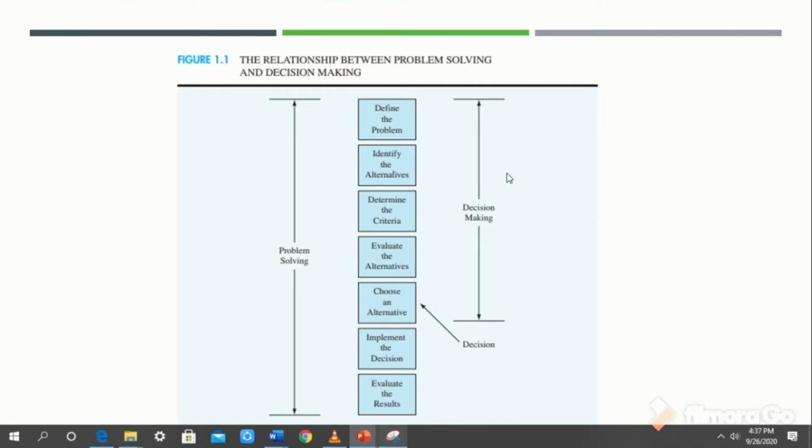But decision making, diri ka sa defining the problem, identifying the alternatives, determining the criteria, evaluating the alternatives and choosing an alternative, diri ra ka mo-stop. From the moment naka-choose na ka og alternative, which is your decision, dira na mo-stop ang imong decision making. Because kung padayon ka sa implementing the decision and evaluating the result, that is considered problem solving already. Because kita na man ka sa imong end result. Okay.